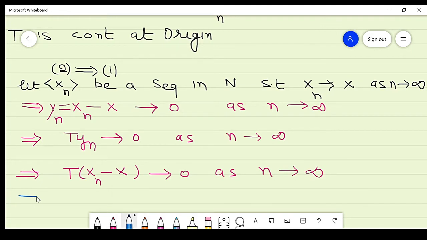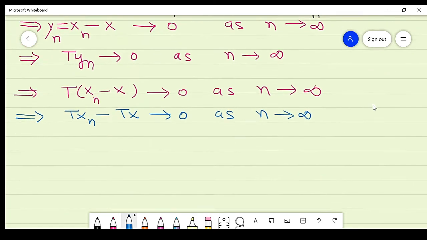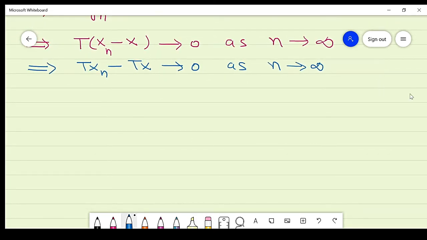T is a linear transformation, so by using the property of linear transformation, T of xn minus T of x approaches 0 as n approaches infinity.